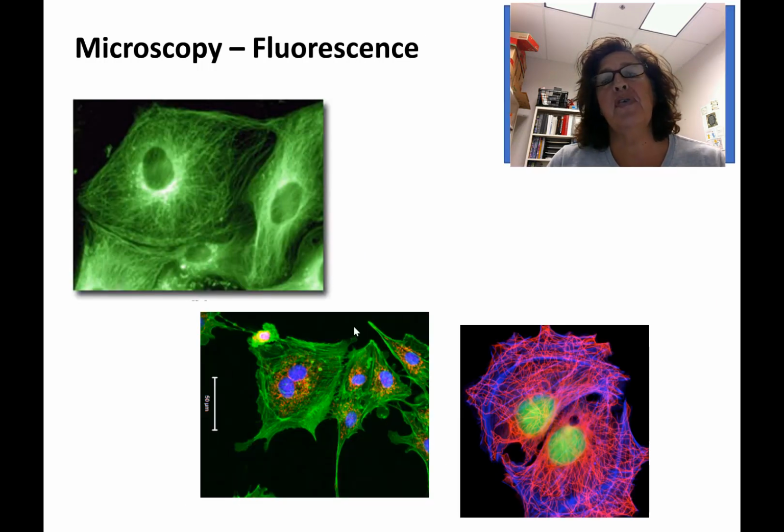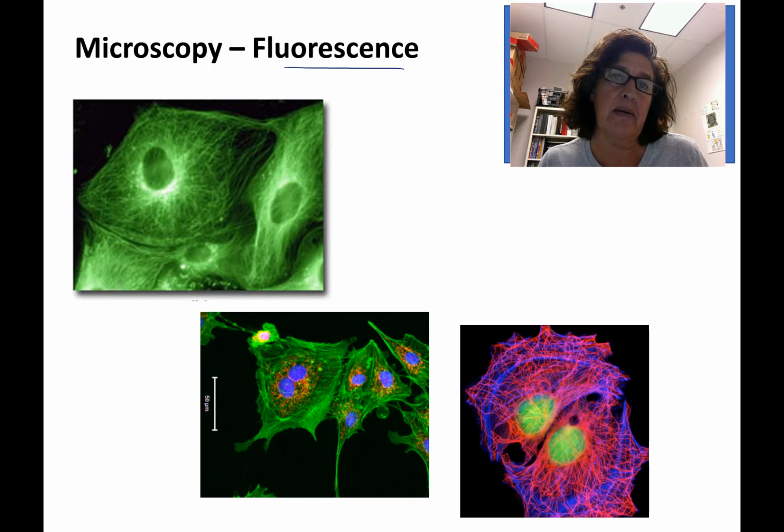A type of microscopy that we're not going to really talk about, but you've probably seen images of it, is the use of fluorescence. There are proteins that fluoresce naturally, a protein called green fluorescent protein. We can also use antibody staining for fluorescence. Some of these amazing images are all dead cells.